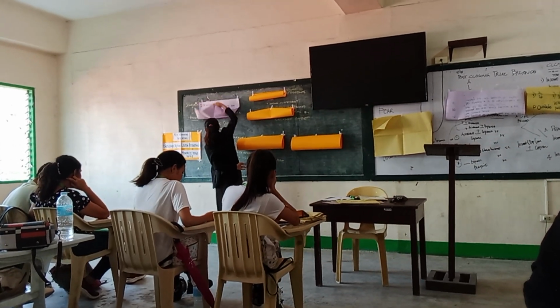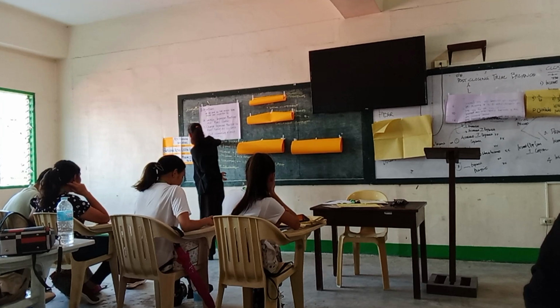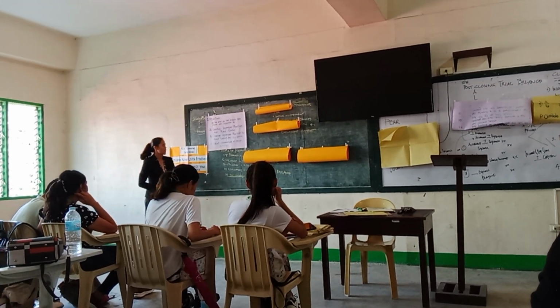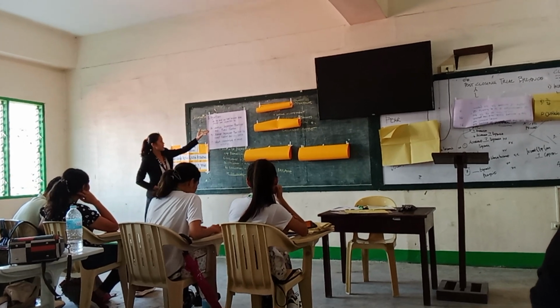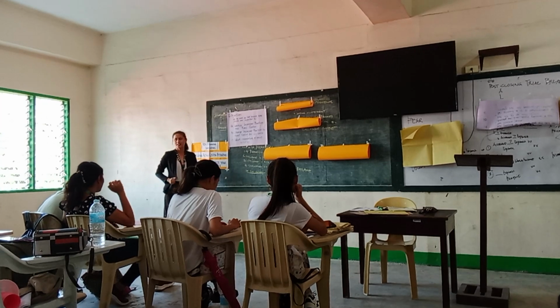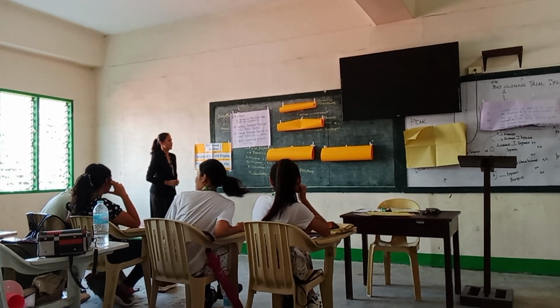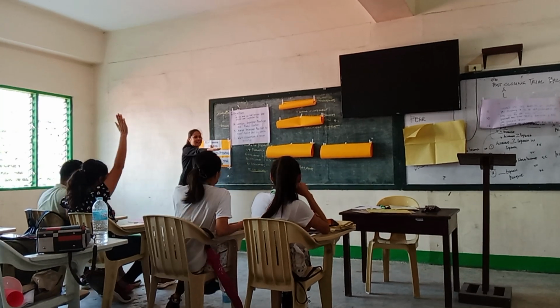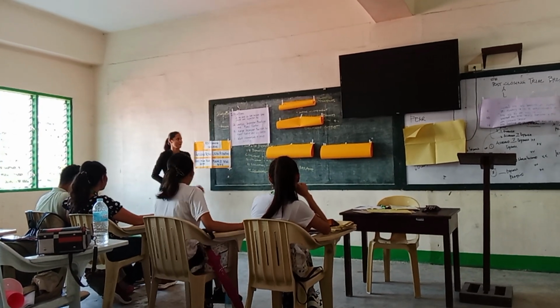So here, objectives are the goals that we are hoping to achieve at the end of the lesson. So at the end of the lesson, the pupils are expected to, letter A, read. Yes, Dominique? Improper fraction. Okay, thank you. Letter B? Yes, Jessa?